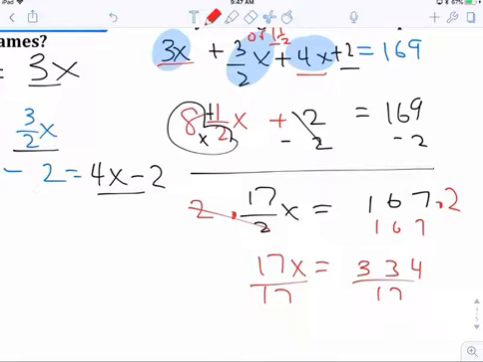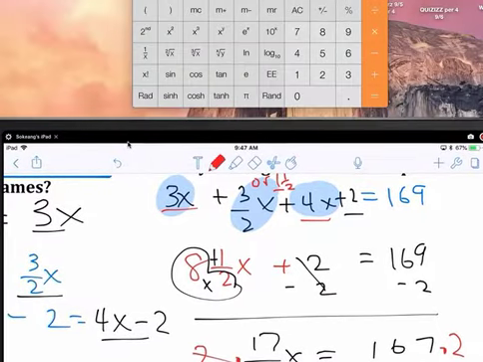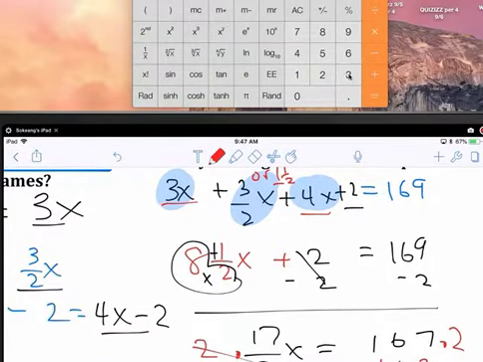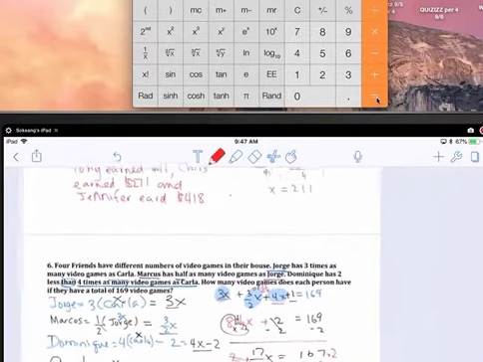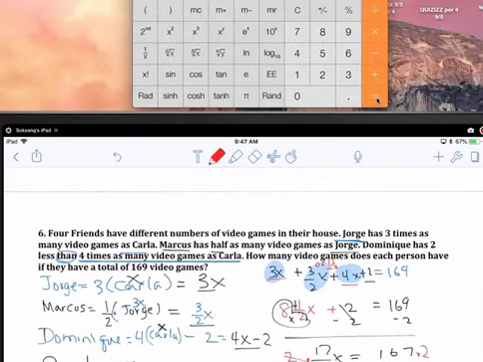I'm not sure. Okay, let's see. 334 divide by 17. This is a mistake. We can't have a portion of a video game. Did I make a mistake somewhere?